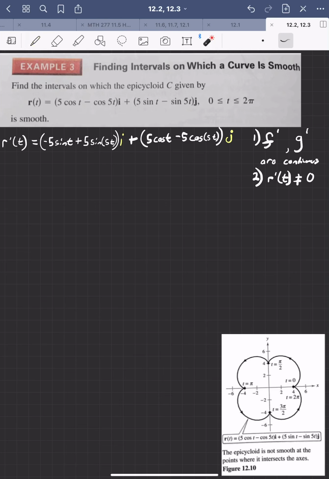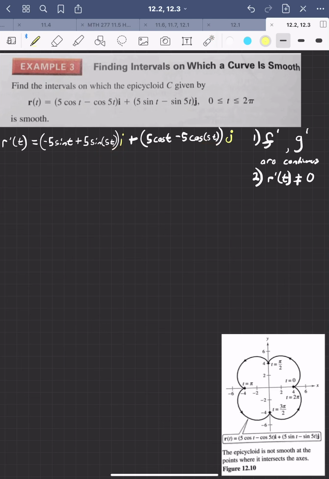Hopefully that is not too small on your screen, but this is cosine of 5t, this is sine of 5t.